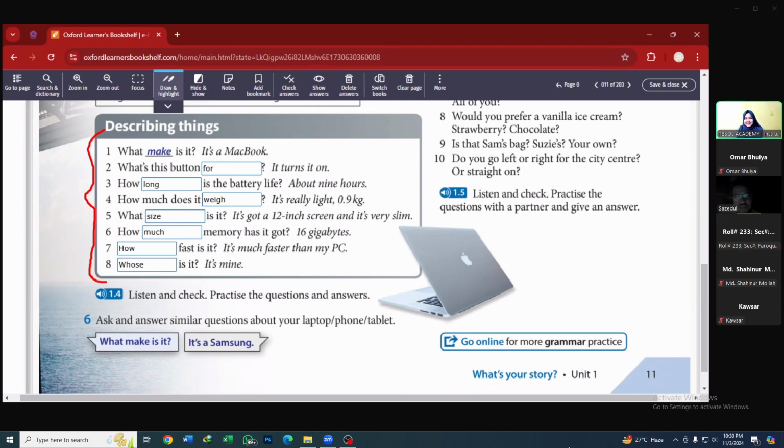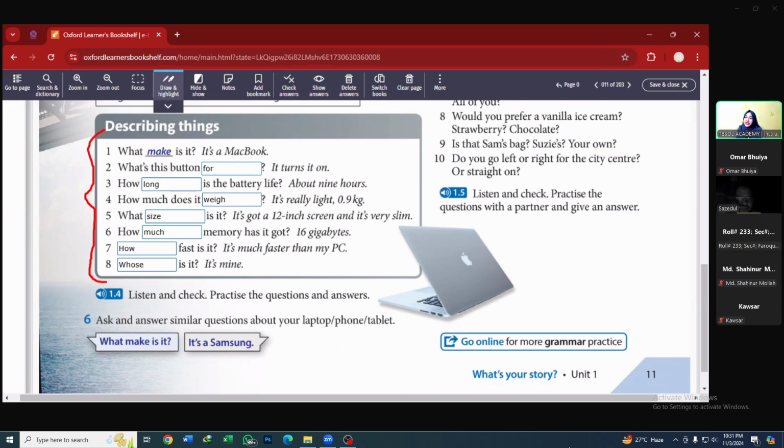How much does it weigh? It's really light, 0.6 or 0.7 kg. Okay. Very good. What size is it? It's got a 12-inch screen and it's very slim.